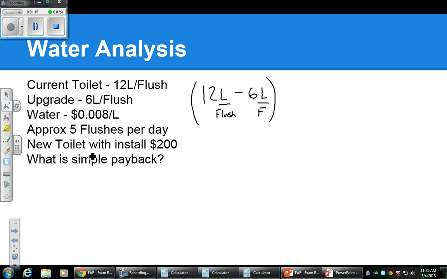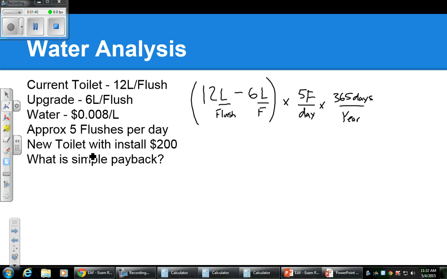And then we are going to factor in the duty cycle. So times 5 flushes per day, times 365 days per year.